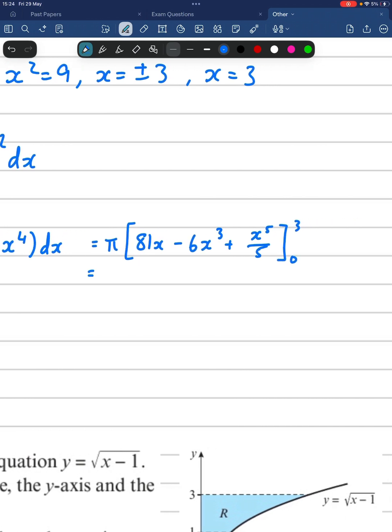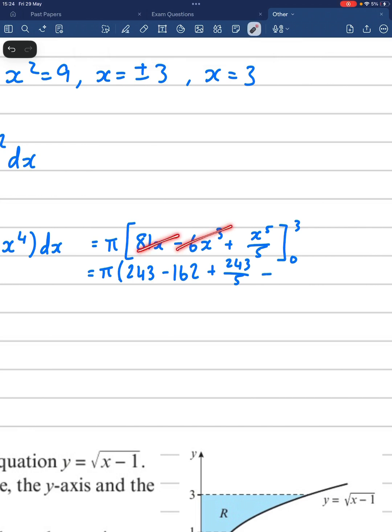Now we substitute our bounds in, so we get pi lots of 81 times 3, which is 243, minus 6 lots of 27, which is minus 162, plus 243 over 5. And then we're minusing, that becomes 0, that becomes 0, that becomes 0, so just minusing 0.